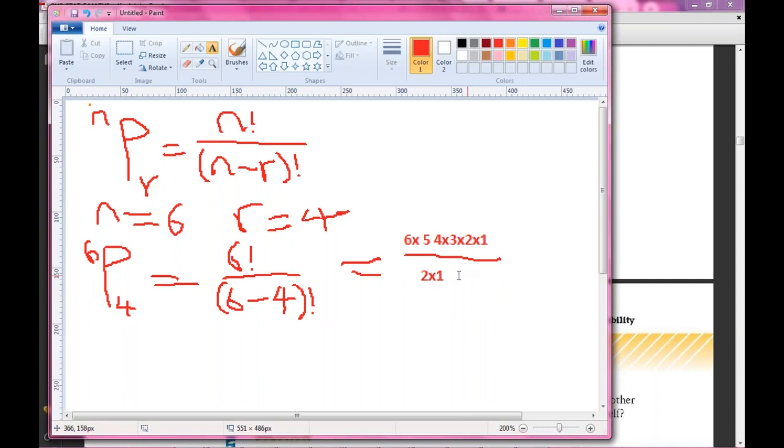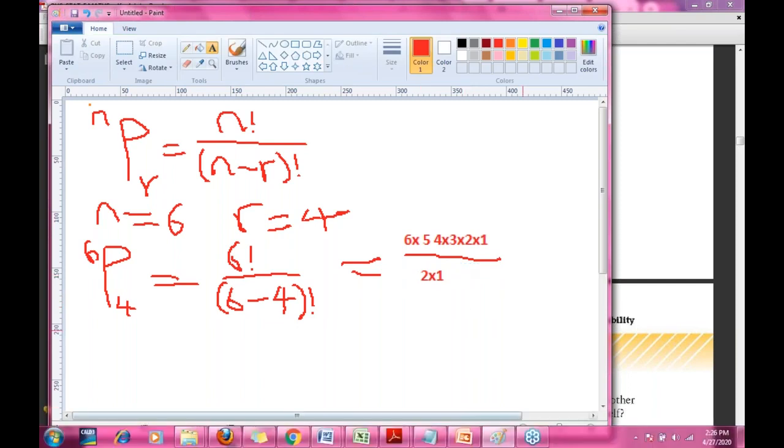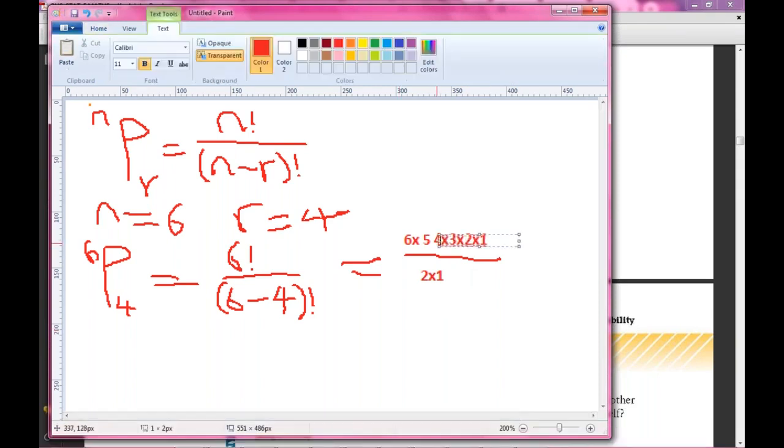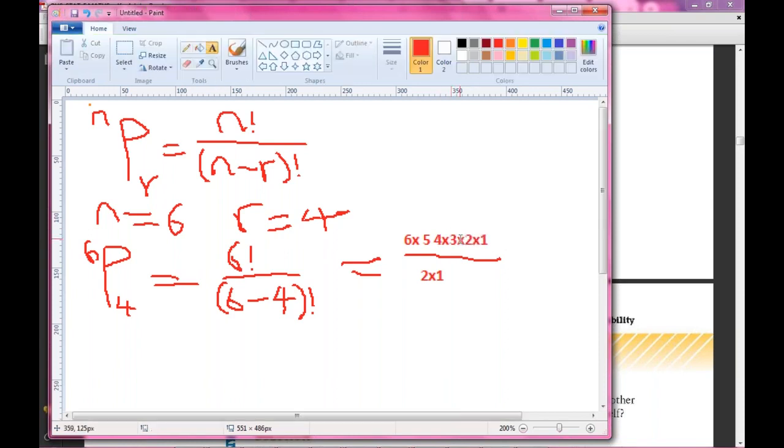So when you calculate all these together, you're going to have that. Okay, there's a little error here. Take note: this should be 6 times 5, there's a times here, and the multiplication sign here is a mistake. It should be 6 times 5 times 4 times 3 times 2 times 1.